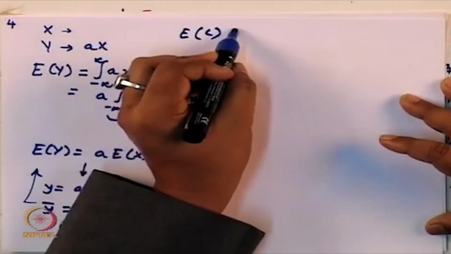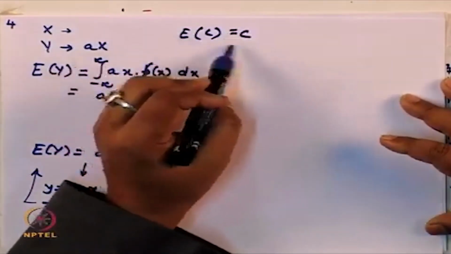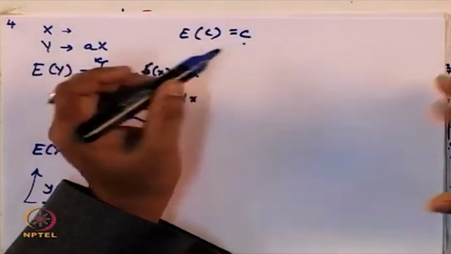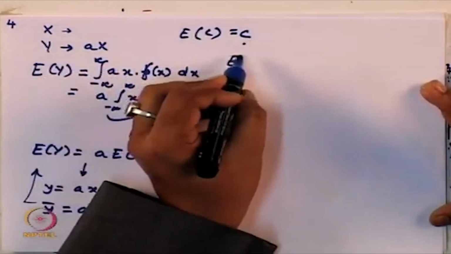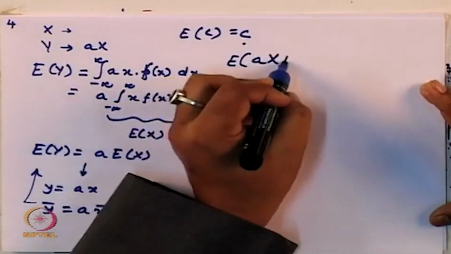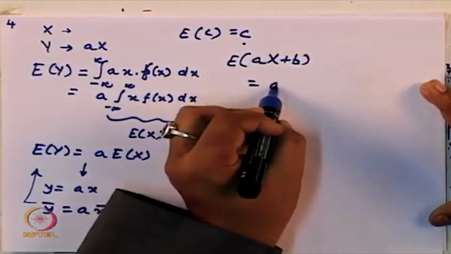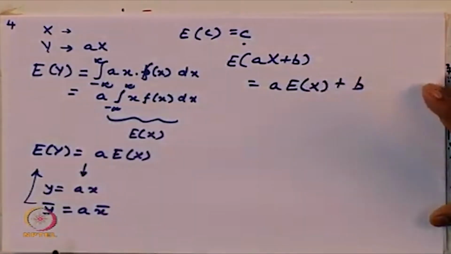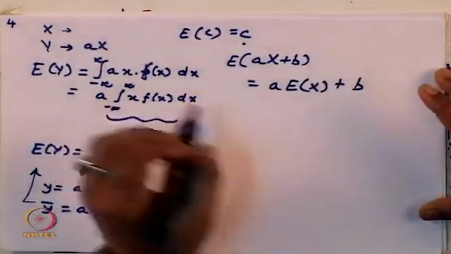E of a constant c is nothing but c. If your variable is always constant, then on an average you always expect the constant value. So, we can generalize this and say E of a x plus b is equal to a E of x plus b.